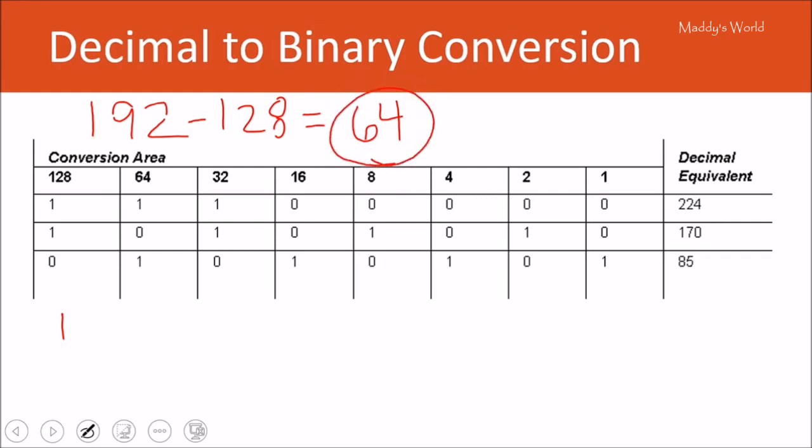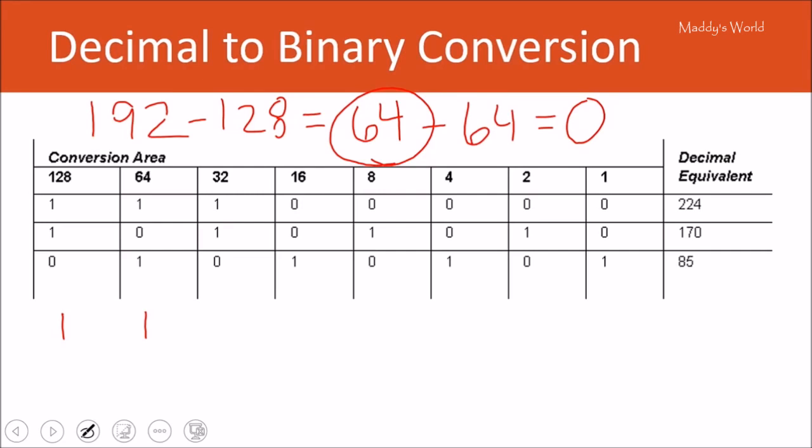Can I subtract 64 from 64? The answer is yes. So I'm going to put a 1 right here. And if I do that, 64 minus 64, all of a sudden I have 0 left. You might be bummed out that you have 0 left, but it's okay because it actually makes the rest of our job very, very easy. Can I fit 32? Or rather, can I subtract 32 from 0?